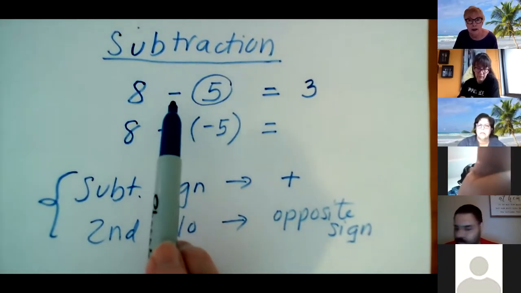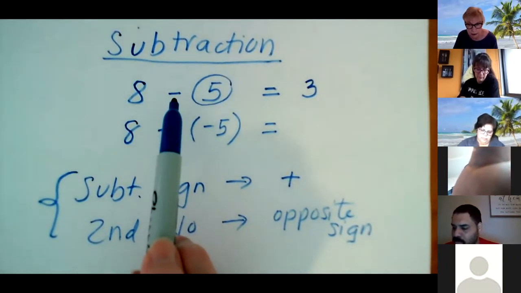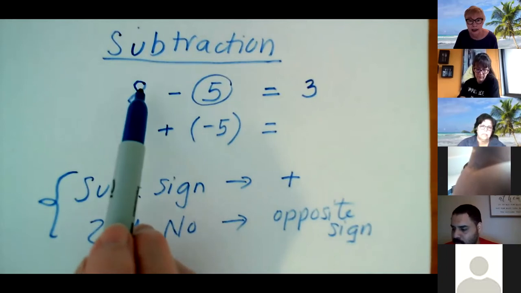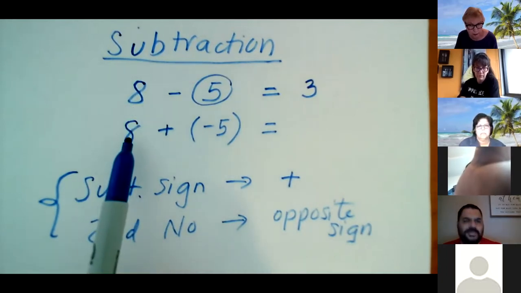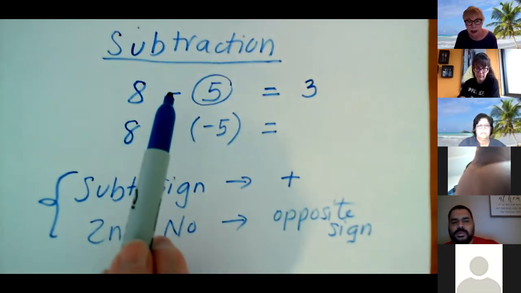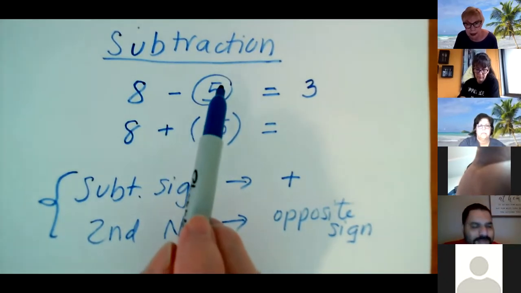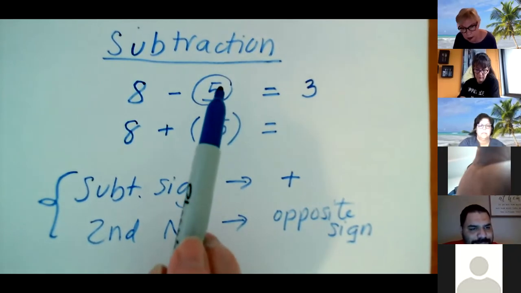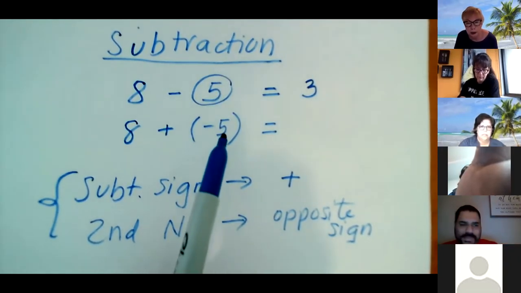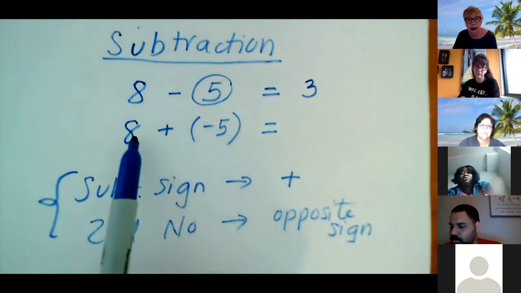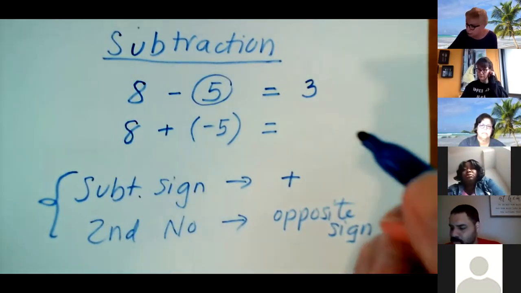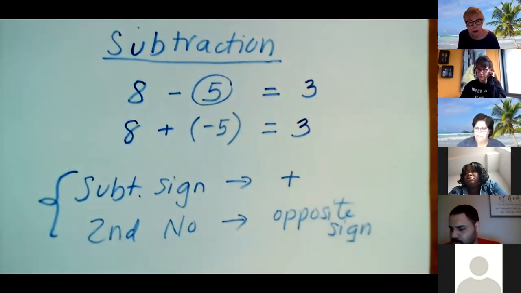I saw from the very beginning it was subtract. I did not change the first number. I changed my subtract symbol to add and my second number to its opposite. This was plus, I changed it to negative. An 8 and a -5 happens to be 3.